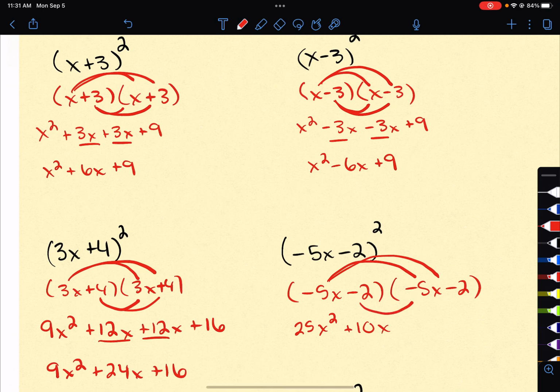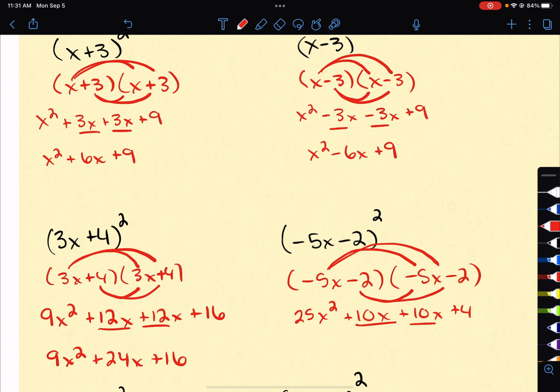Negative 2 times negative 5x is positive 10x. And negative 2 times negative 2 is positive 4. So 10x showed up twice. So 25x squared plus 20x plus 4. Again, guys, if you're not seeing the pattern, then don't worry about the pattern and just multiply them together, combine like terms, and you get the answer, right?